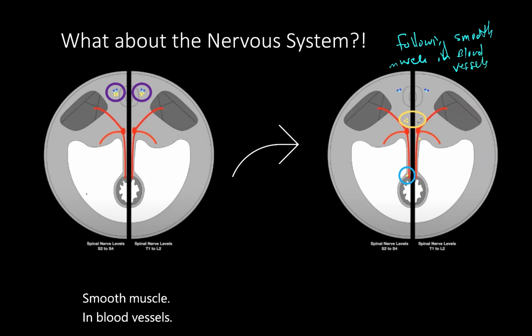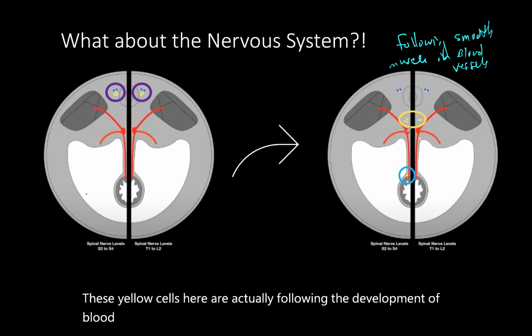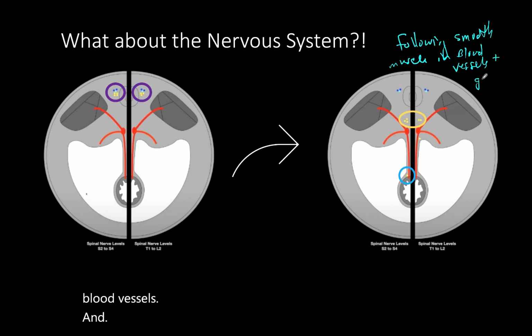These yellow cells here are actually following the development of blood vessels and smooth muscle within the gut tube as well. So it's seeking out these areas of blood vessels.